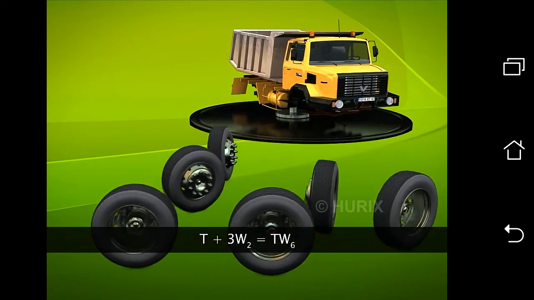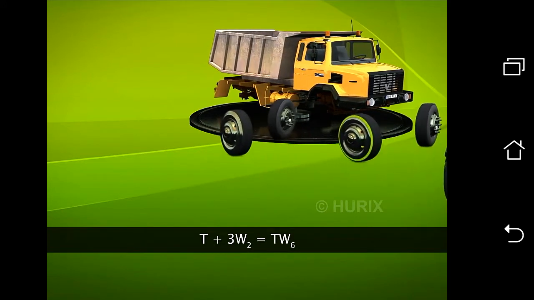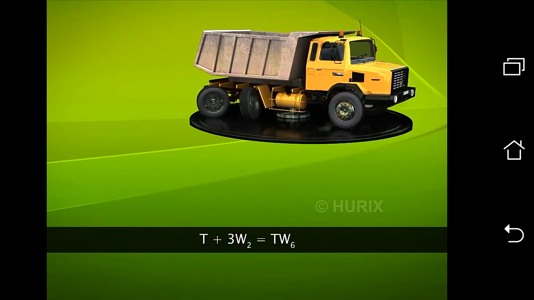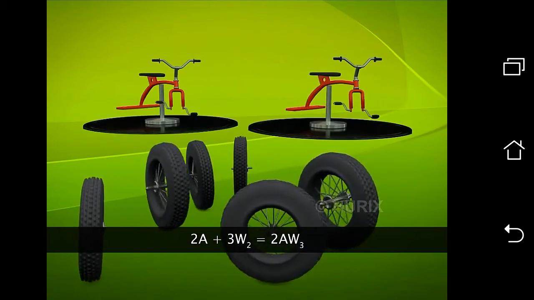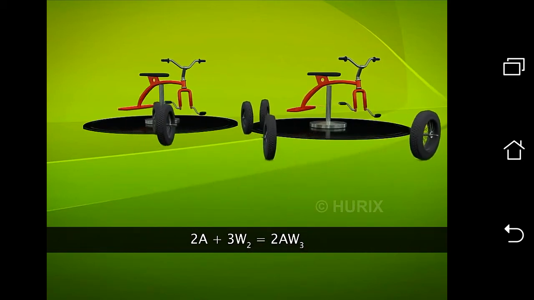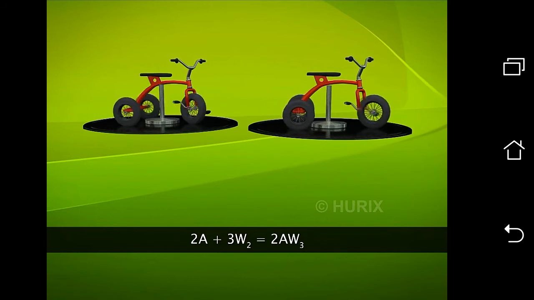With three pairs of wheels, we can have a truck. How can you assemble pairs of wheels to set up a three-wheeler? With three pairs of wheels, we can have two tricycles.